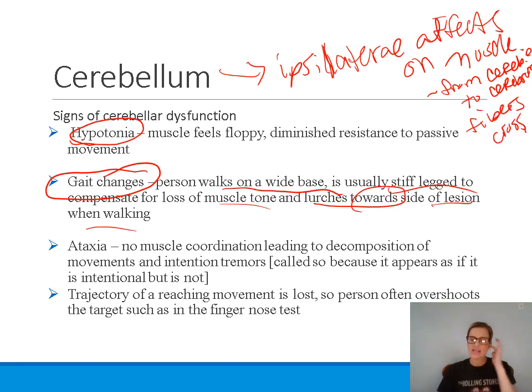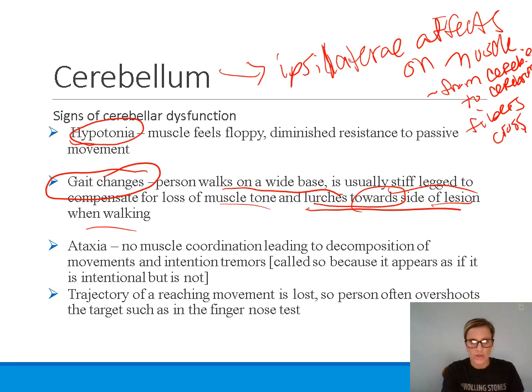Okay, so from the left side of the cerebellum, it crosses to the right side of the cerebrum. But then remember, so we're going from the left side of the cerebellum up to the motor cortex on the right side. Remember that when the motor cortex sends signals down to the muscle, it crosses again. So it crosses back over to the same side. So right side of the cerebellum has coordination on the right side of the body. Left side of the cerebellum has coordination on the left side of the body.